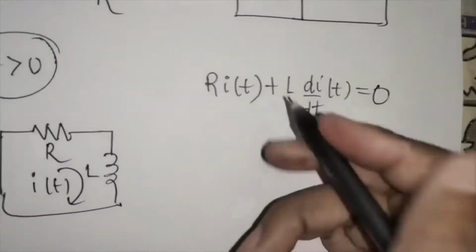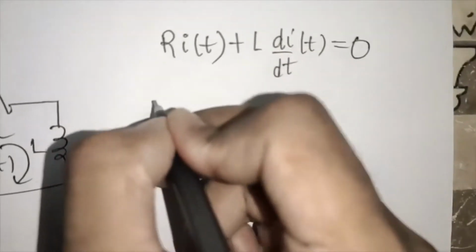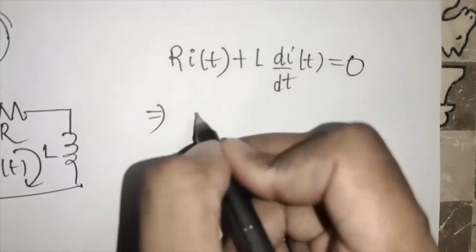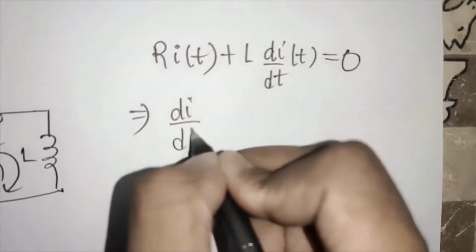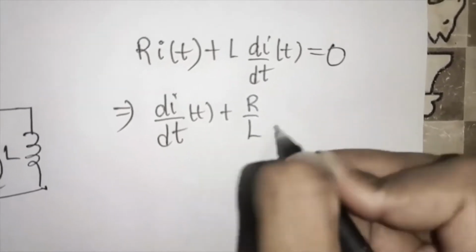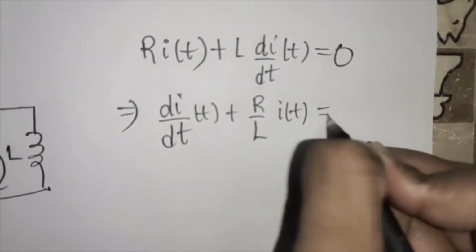If I divide by L throughout, we get di by dt plus R by L into I of t is equal to 0.